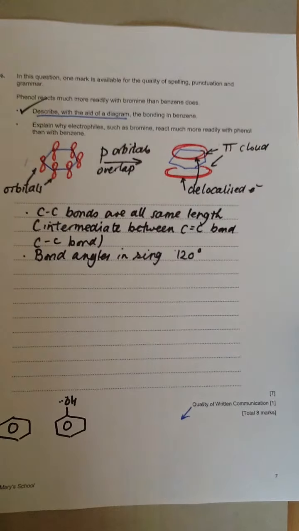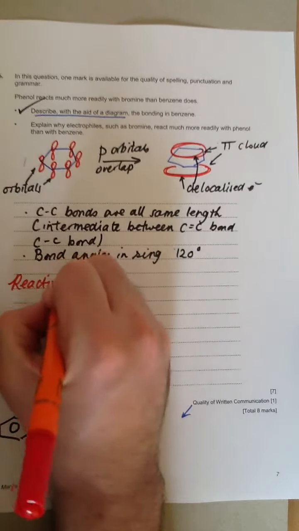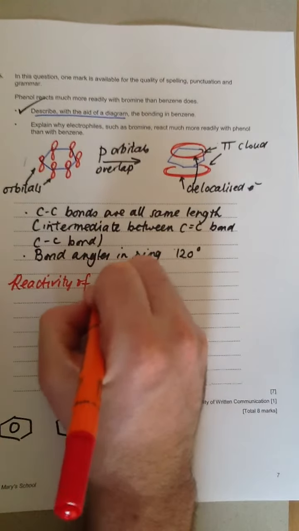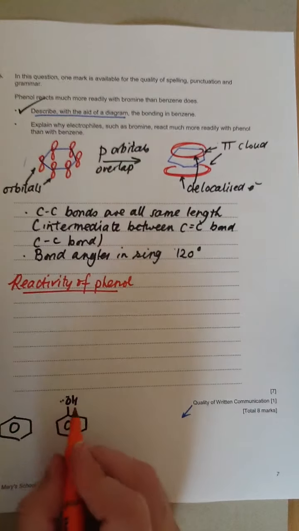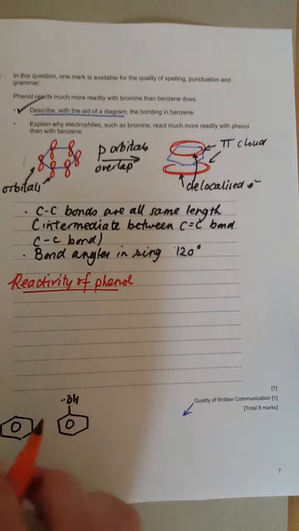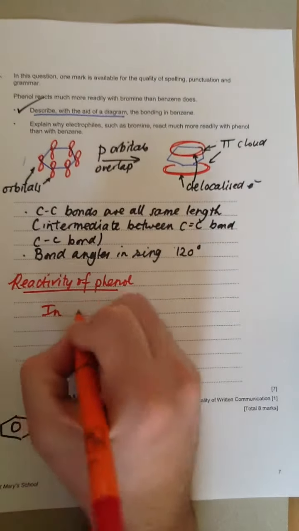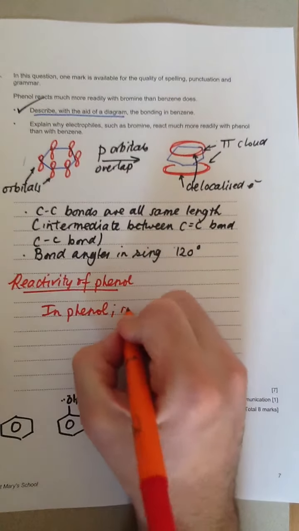So the reactivity of phenol is more reactive, and the difference is because benzene doesn't have an OH there, it doesn't have an oxygen atom, it doesn't have specifically the oxygen lone pairs that phenol does. So we say in phenol, what can we say? We say the ring is activated.